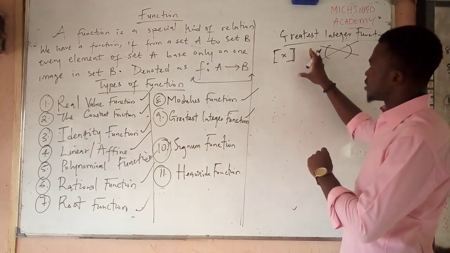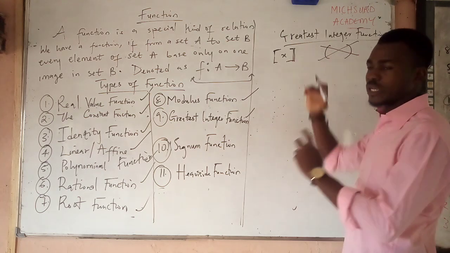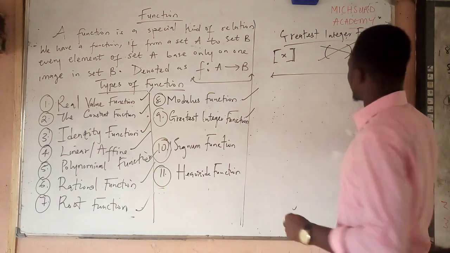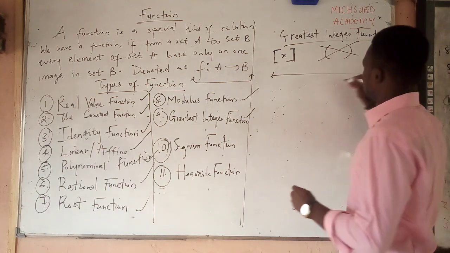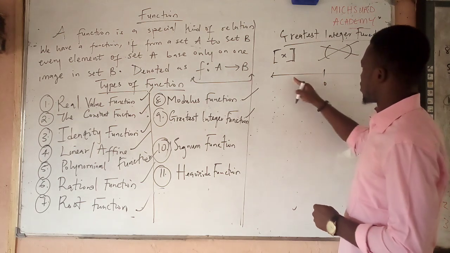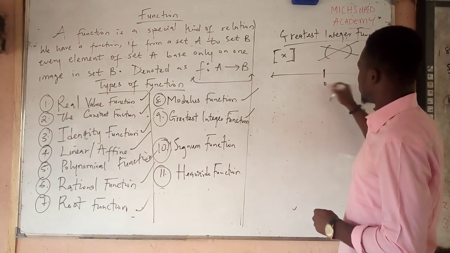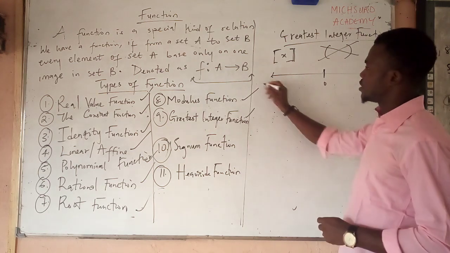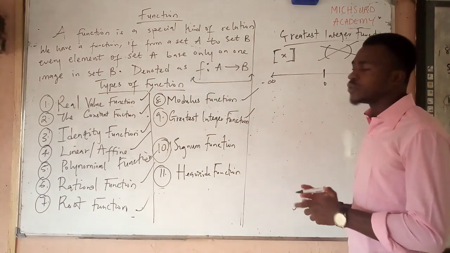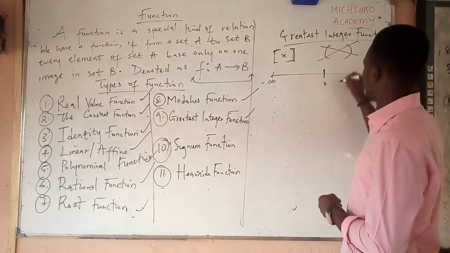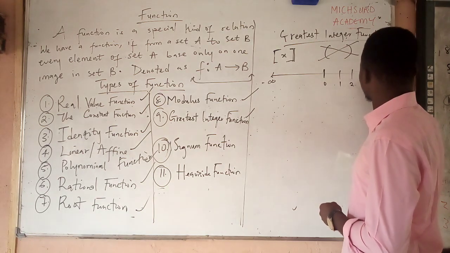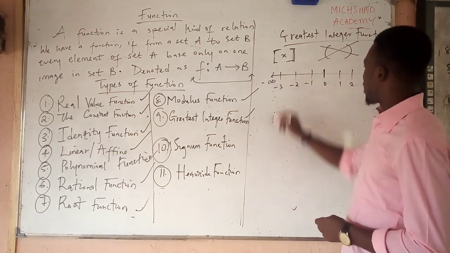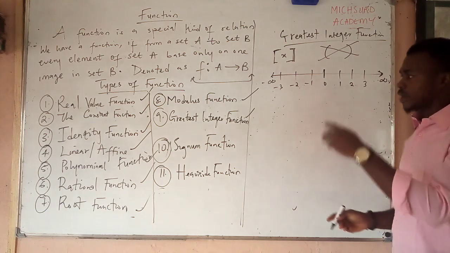To better understand this kind of function, it's good we look into the number system. In the number system, we have 0 as the neutral point. We have this point as we go to infinity, and this point as we go to negative infinity. So we can have a set of values like 1, 2, 3, and negative 1, negative 2, and negative 3, and so on.